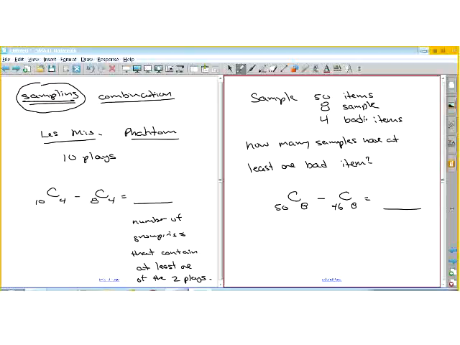Out of the 50 items, 4 of them are bad. So how many samples have at least one bad item? It's the total number of possible combinations, minus the number of combinations where you've removed the bad items from the possibilities, still grouping them 8 at a time, and that difference will give you the answer that you're looking for.